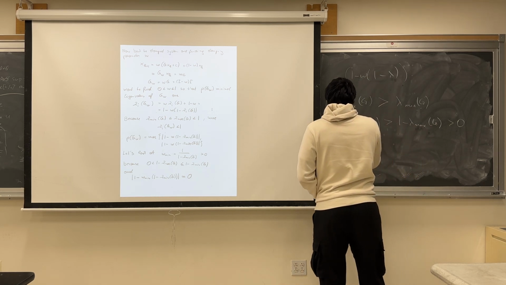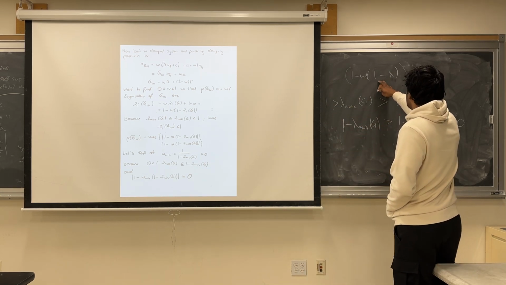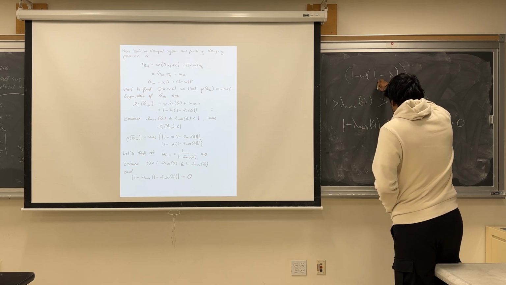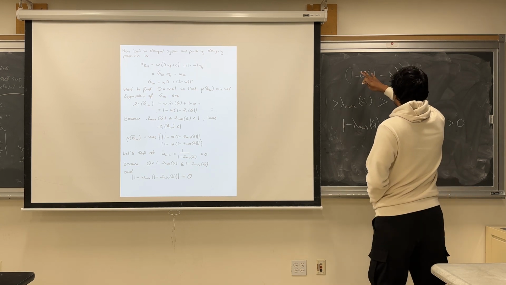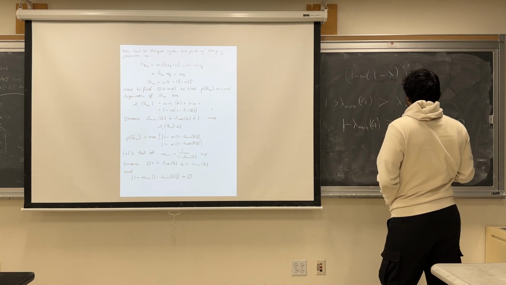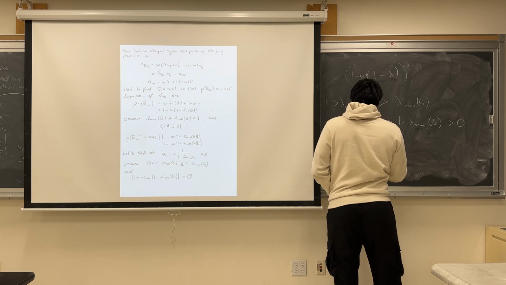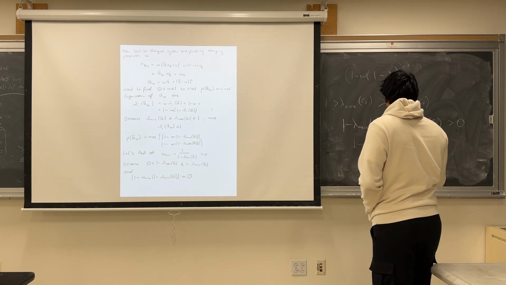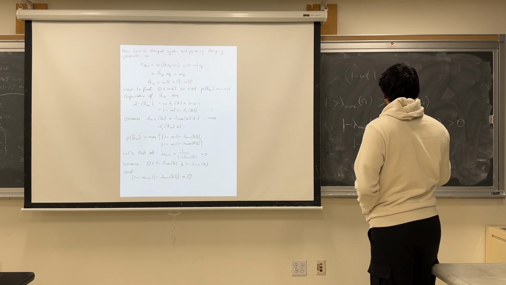So let me vary my 1 minus lambda to go to the highest number possible. That is 1 minus lambda min. In that case, 1 minus omega times 1 minus lambda min is a small number actually.